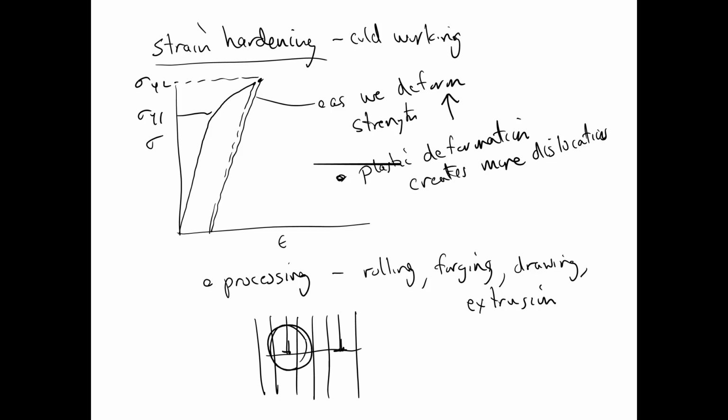So this dislocation over here doesn't go very far before it runs into another one. And remember, we said they exert forces on each other. So the dislocations interact with each other. Let's put that up here as a reminder. The dislocations interfere with each other.